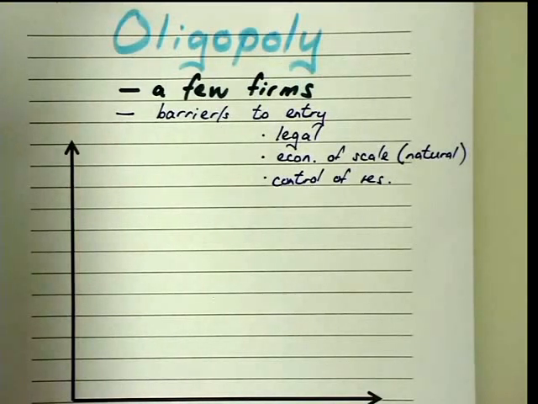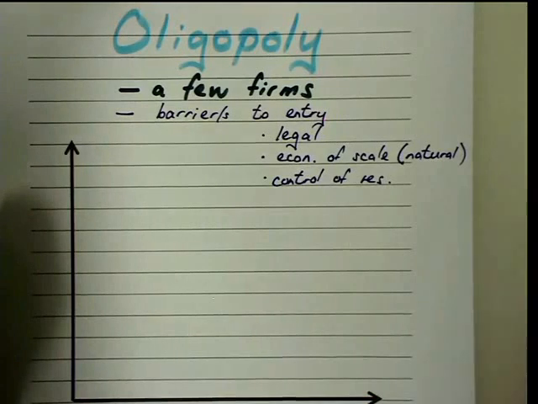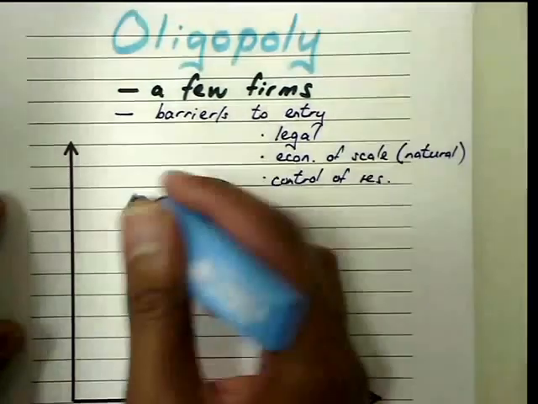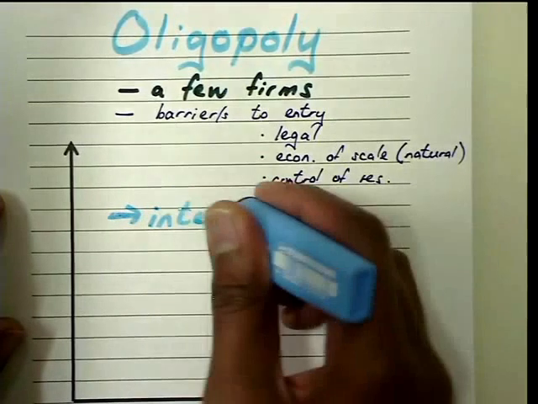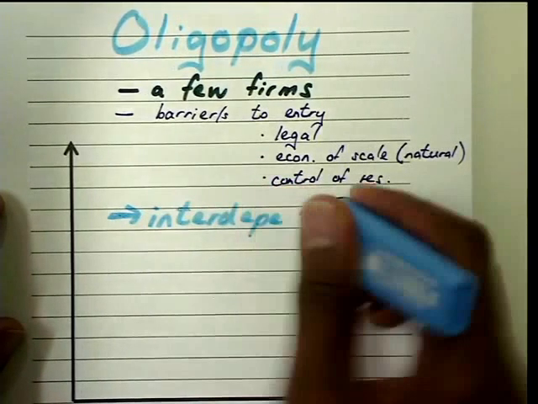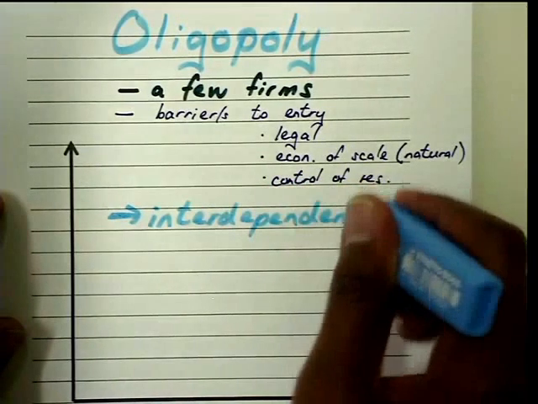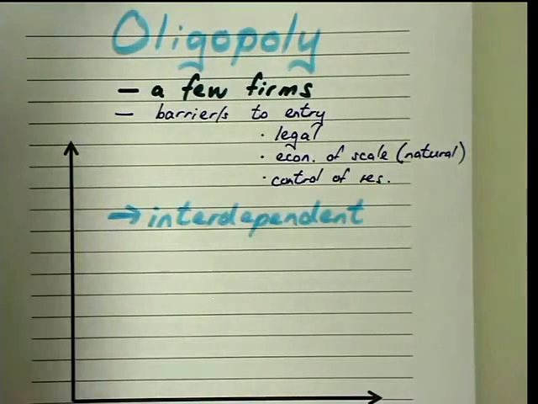Because there are just a few firms, which is a result of barriers to entry, the key feature of oligopolies is that the firms are interdependent. Interdependent meaning each firm's actions affect its rivals' actions.